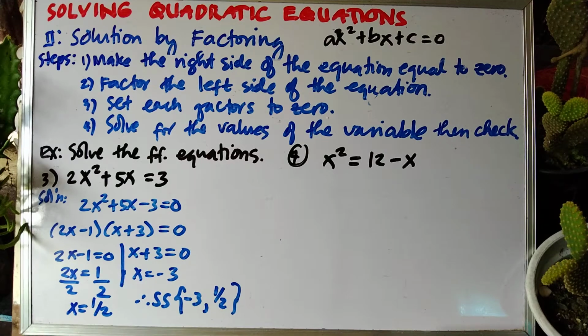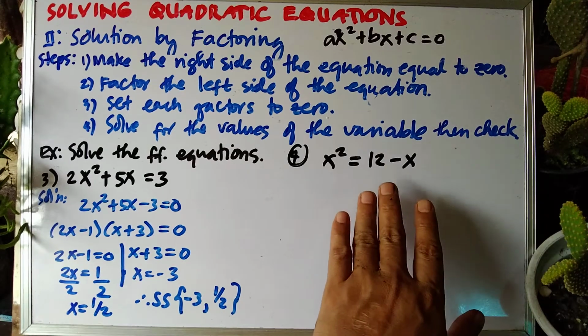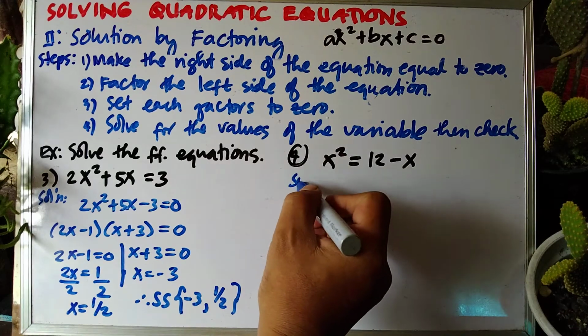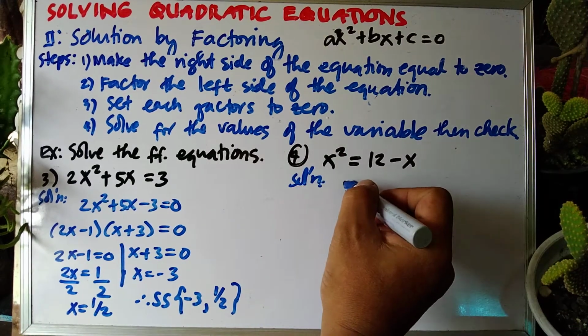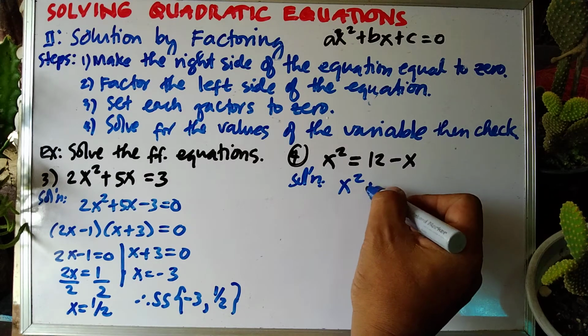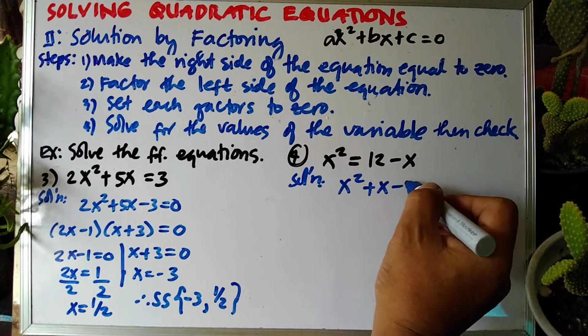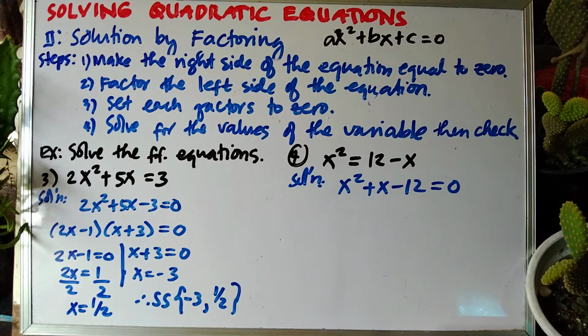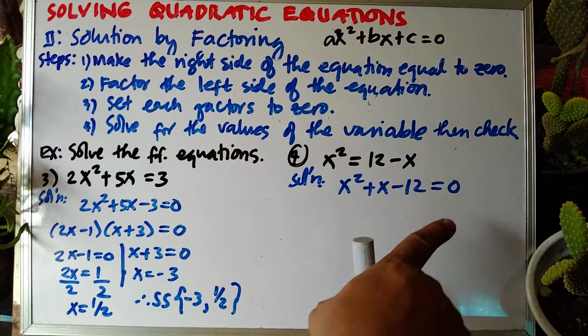Okay, again, step 1, we need to transpose all these terms to the left side of the equation. So, you have x squared, we first move negative x, so plus x, then the constant negative 12 is equal to 0. Okay, we're at step 2 since the right side is 0.